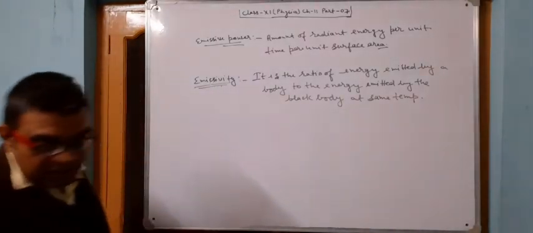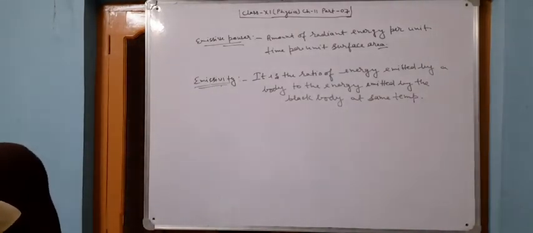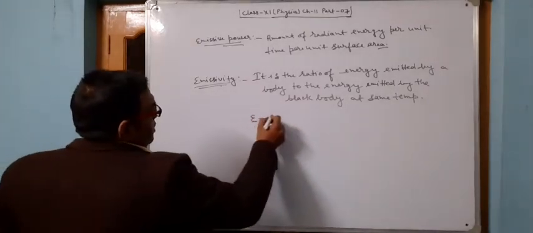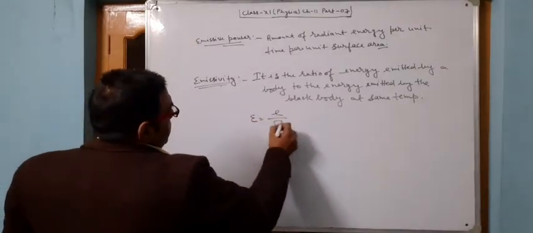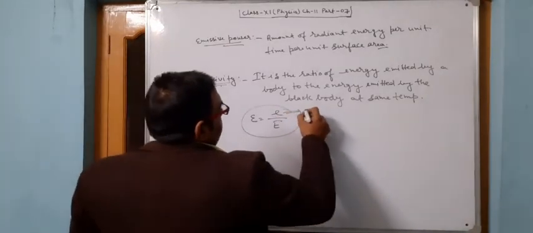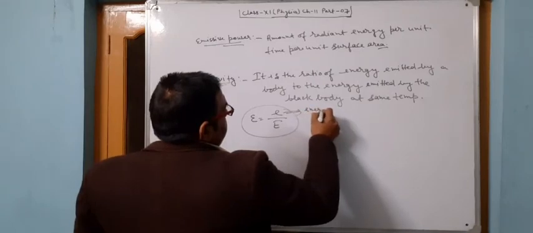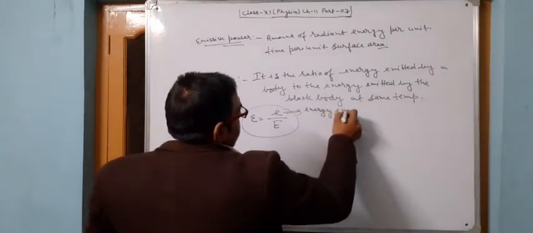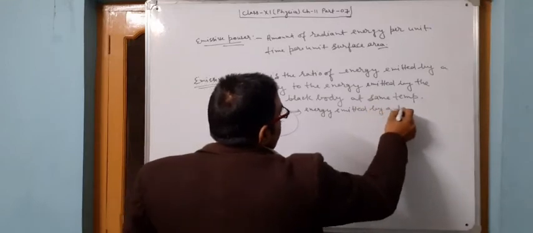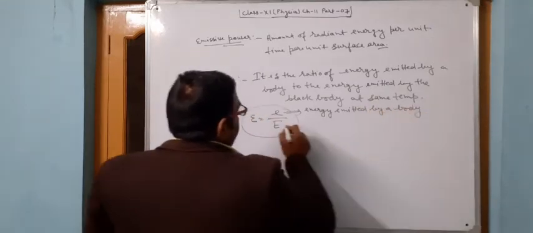So emissivity can be denoted by E upon capital A. E is what? Energy emitted by a body, and it is what?